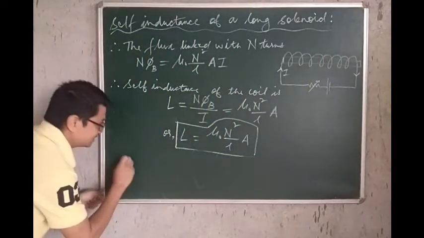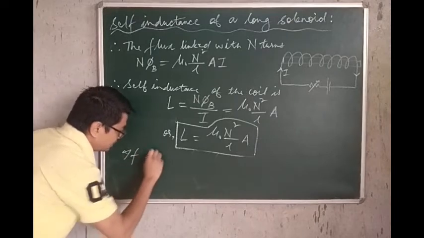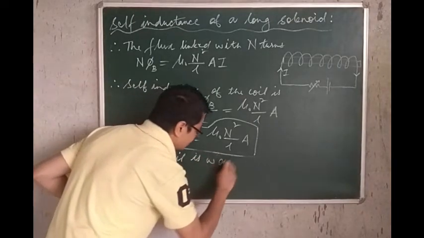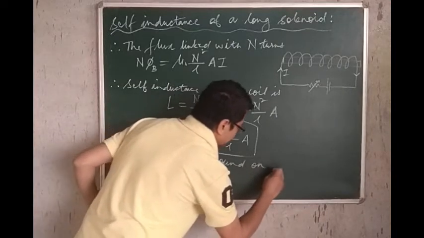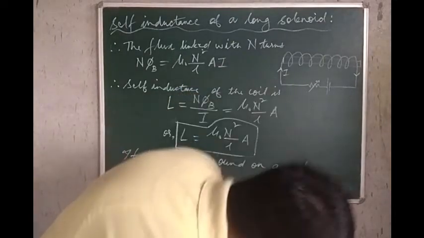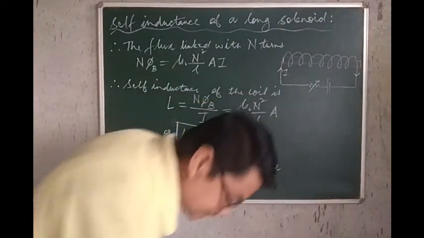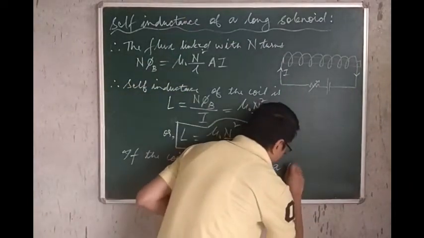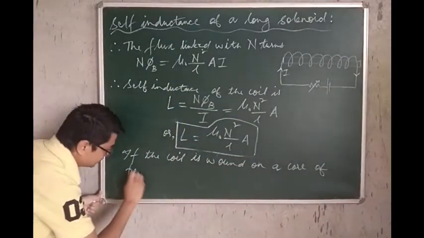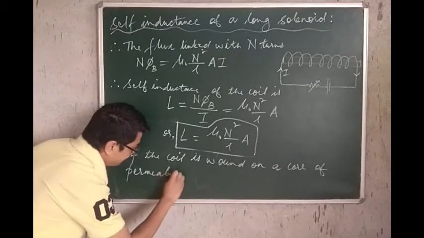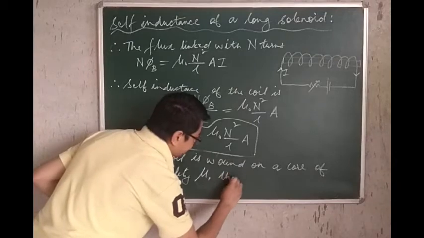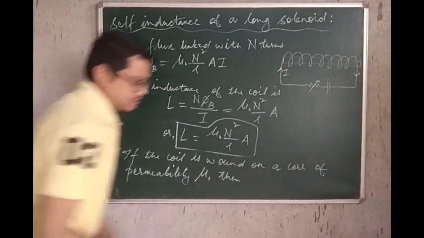Then, if the solenoid is wound over a core of permeability mu, what will be the self-inductance in that case?